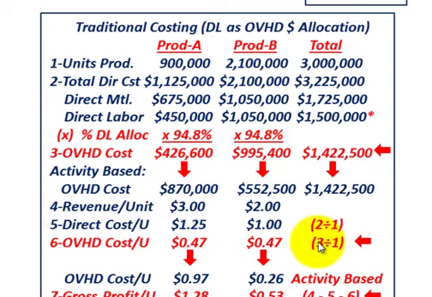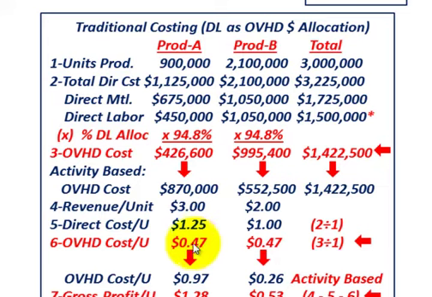If you go through your divisions and calculations, compared to the activity based, remember when we used those 5 different cost allocation pools, we come up with 97 cents for product A for overhead allocation versus the direct labor allocation.